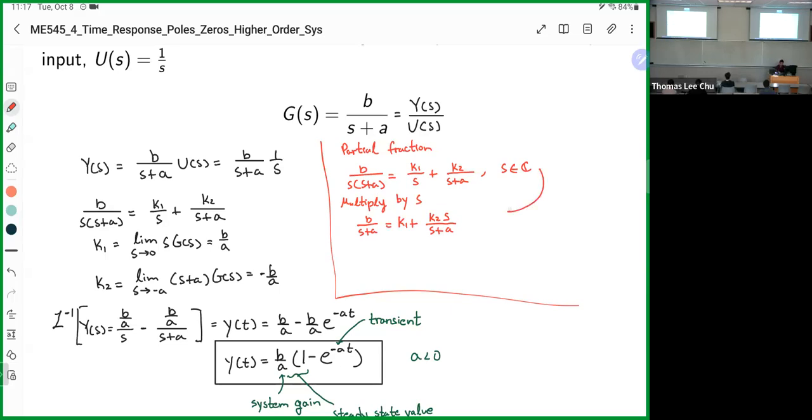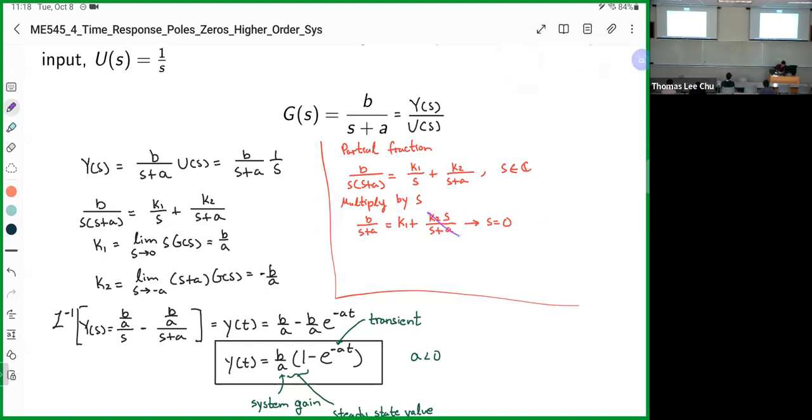Are these the same equations? No, they're the same. Sorry, it sounded like a trick question, but it's not. They are the same equation because S is any number. S can be 5, S can be 10, S can be 0. So I multiply both sides by S, and then I set S equal to 0.